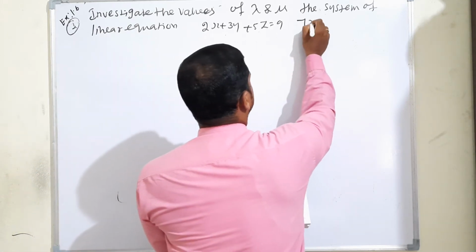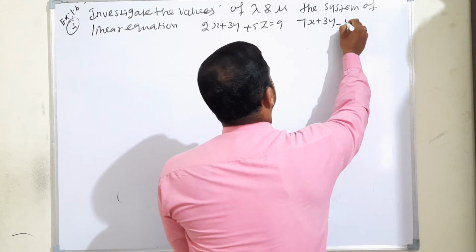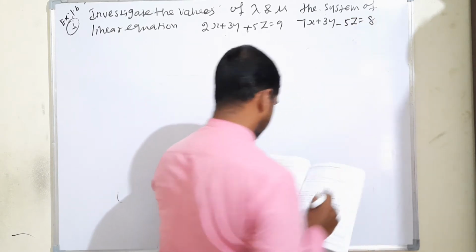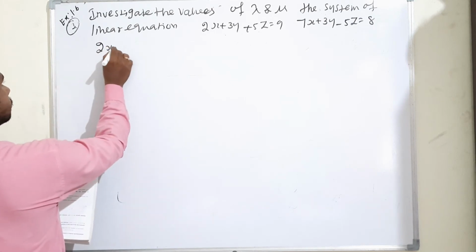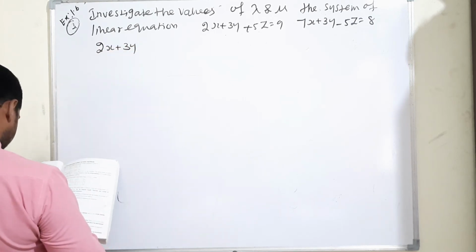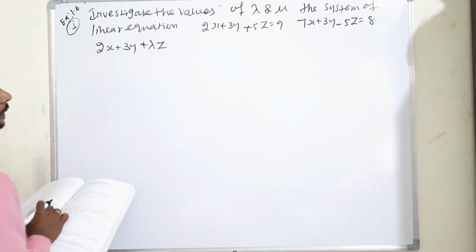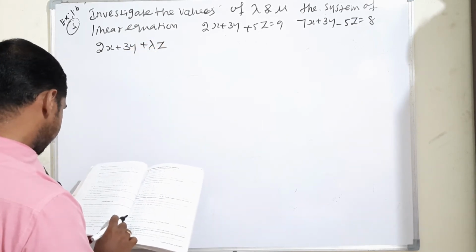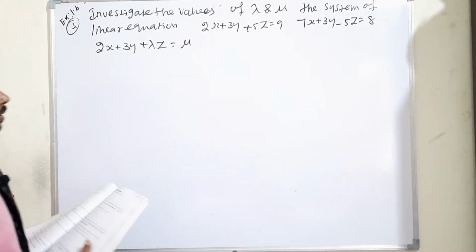Next equation, 7x plus 3y minus 5z is equal to 8. Third equation, 2x plus 3y plus lambda z is equal to mu.